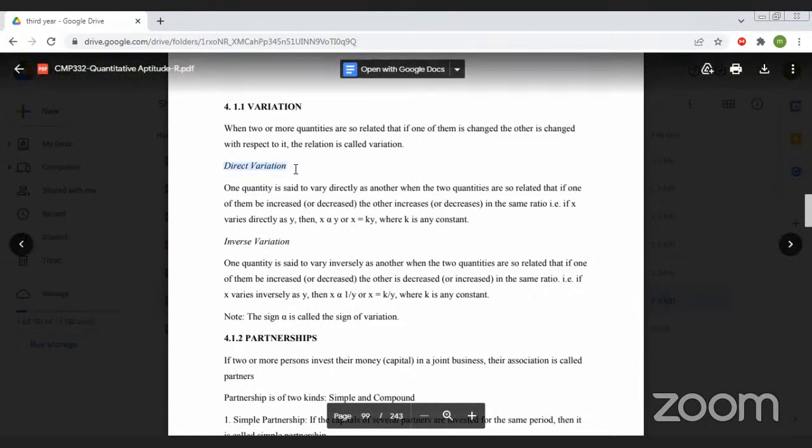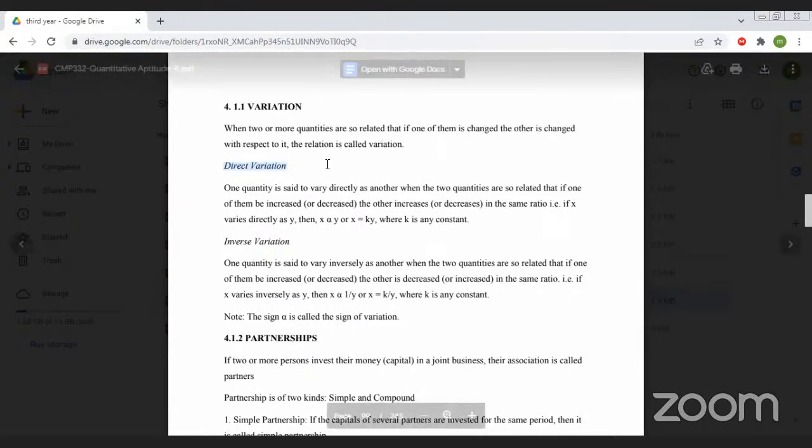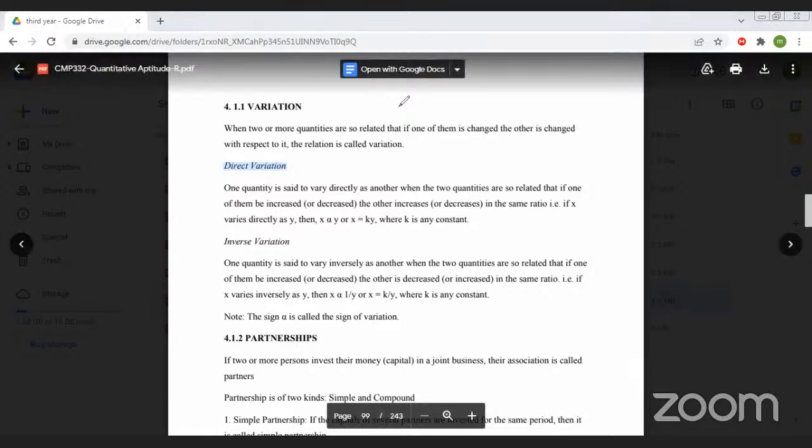So that is direct variation. The symbol for that is mostly in this form. Let me show you the symbol. It is in this form. X varies as y. And when I talk about inverse variation, it is x varies as 1 upon y.